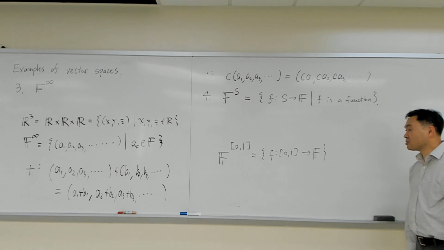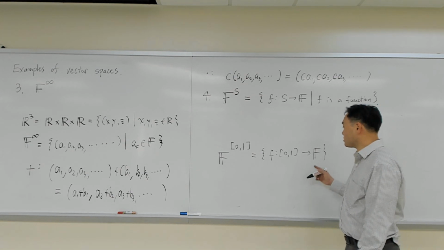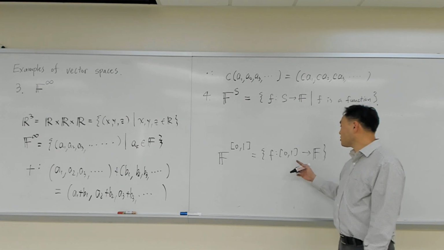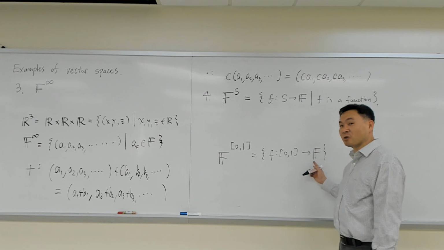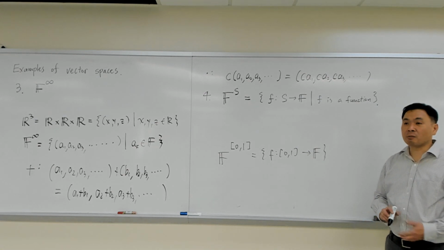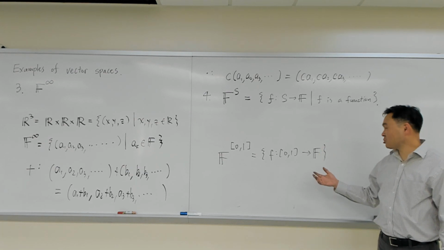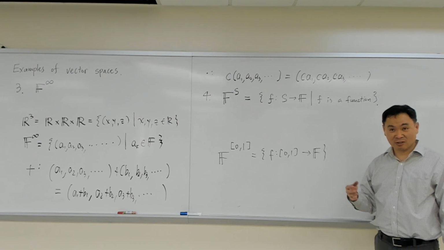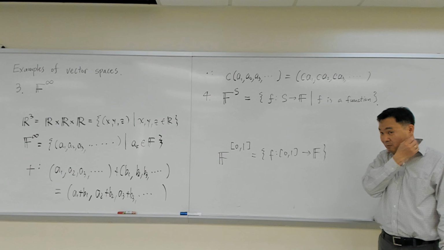Now, why is this a vector space? Let's think about this as a vector space. Oh, by the way, in this class, whenever I write f, I'm thinking of it as either r or c. Instead of writing r or c, it's easier to just write f once. Okay?